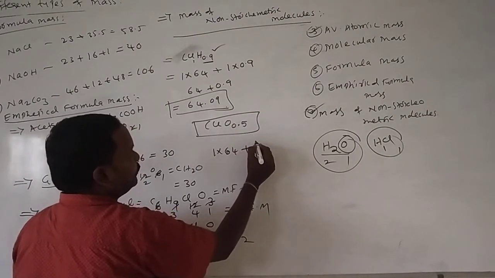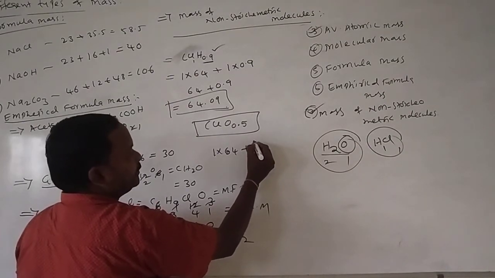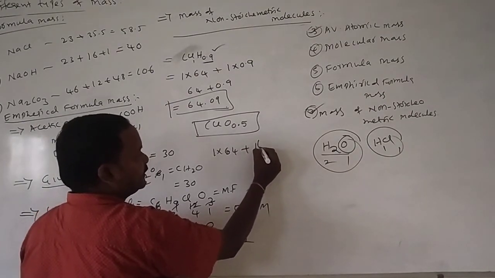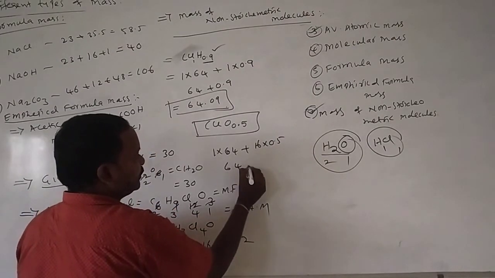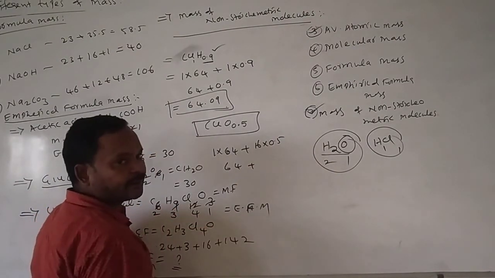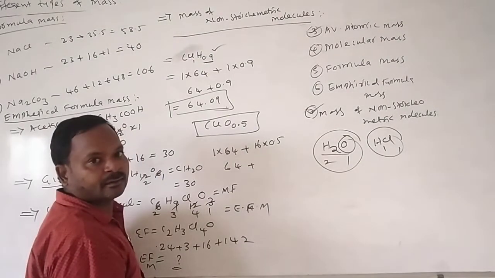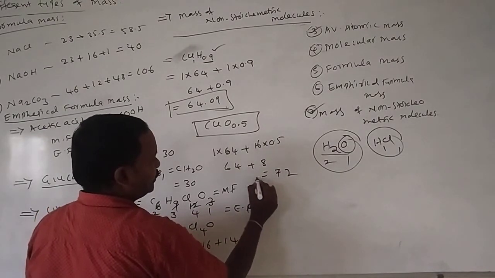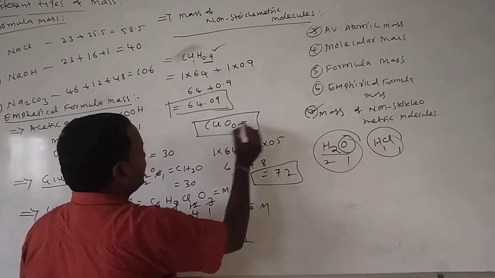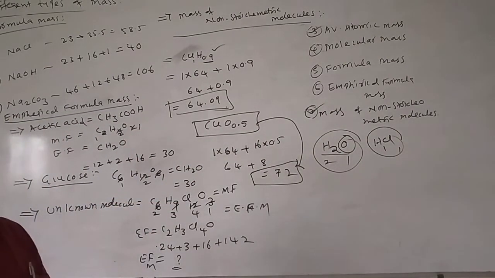What is the oxygen atomic mass? Oxygen atomic mass is 16 into 0.5. 16 into 0.5 is 8, so 72. This 72 is the mass of this non-stoichiometric molecule.